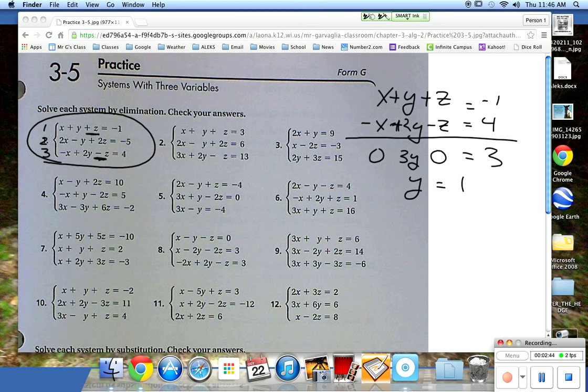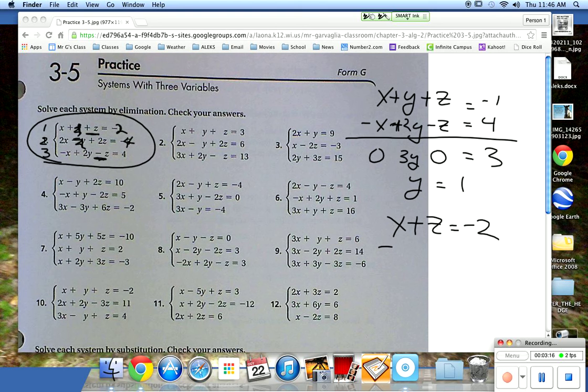So let's do 1 and 2. If I put 1 in for y on each one of these and bring this over, this is going to end up being a -2, and this is going to be a -4. So I've got x plus z equals -2, and I've got 2x plus 2z equals -4.